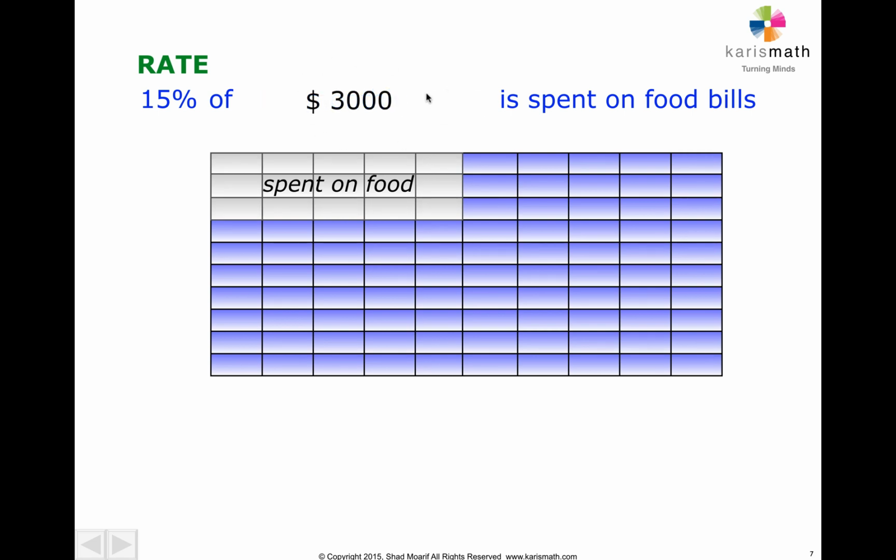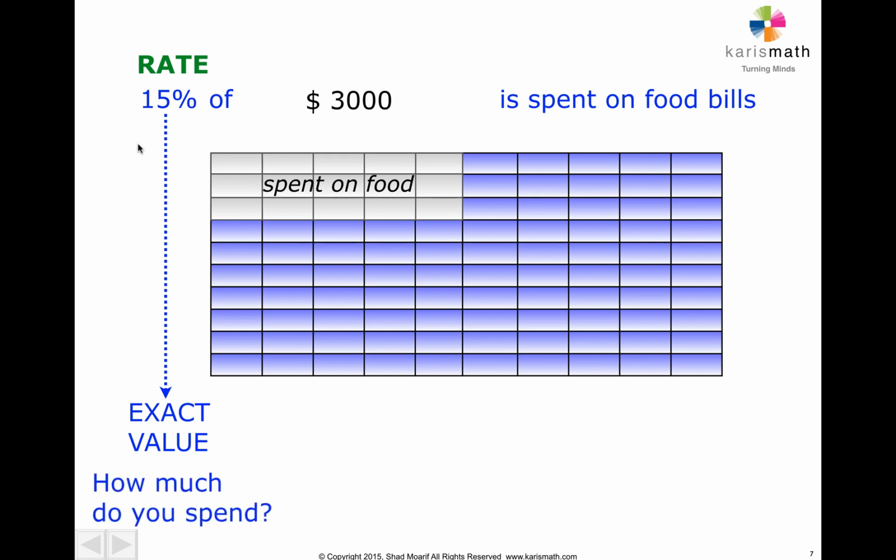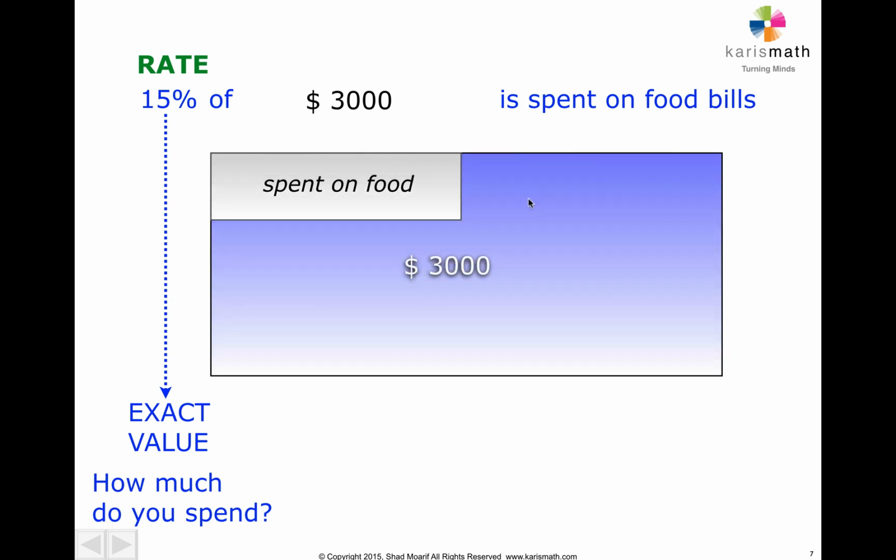Now, if your salary was $3,000, so what exactly would be the amount of money you spent on food? How much do you spend? That's the rate. But what's the exact value? Exact amount of dollars you spend on food. How would you find that? Well, let's figure it out. That's the total amount of money that you have, or your salary, $3,000.